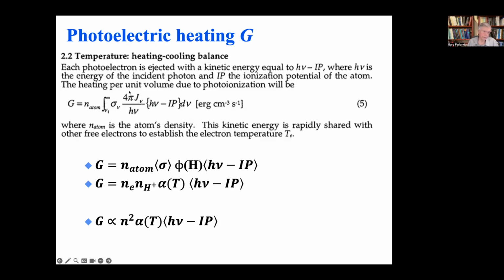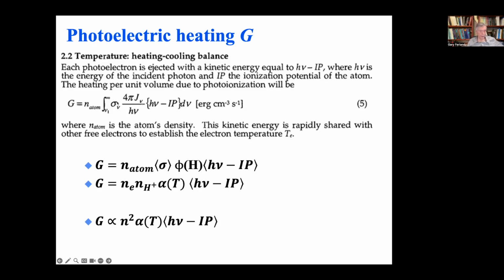This term here is the photoionization rate at a particular frequency. Then you need to figure out the energy of the photoelectron, because that's the heat going into the gas. If h nu is 20 eV, hydrogen has an ionization potential of 13.6 eV, so each photoionization deposits 6.4 eV of energy. You integrate this over all ionizing radiation. That's the total heat going in.